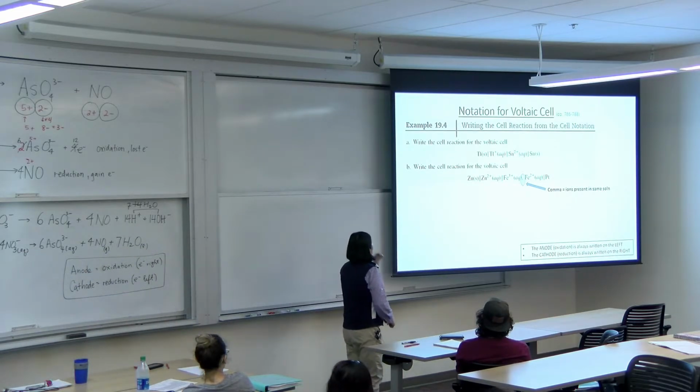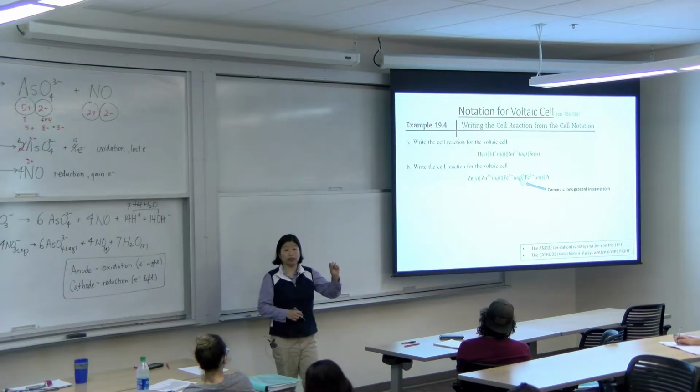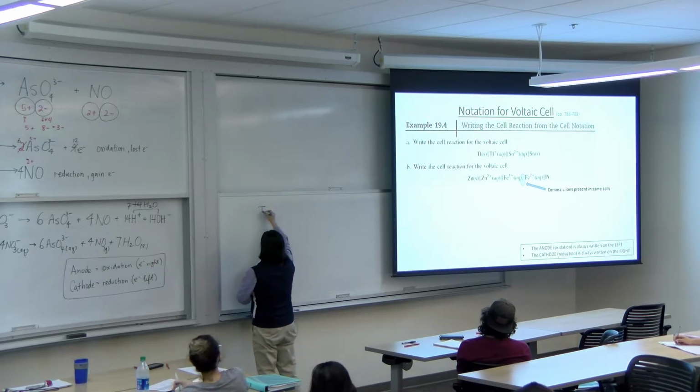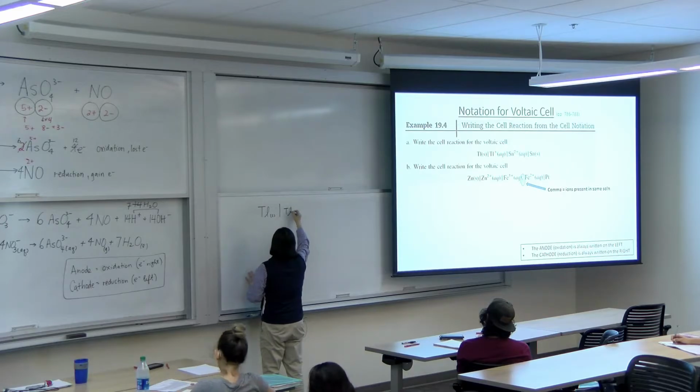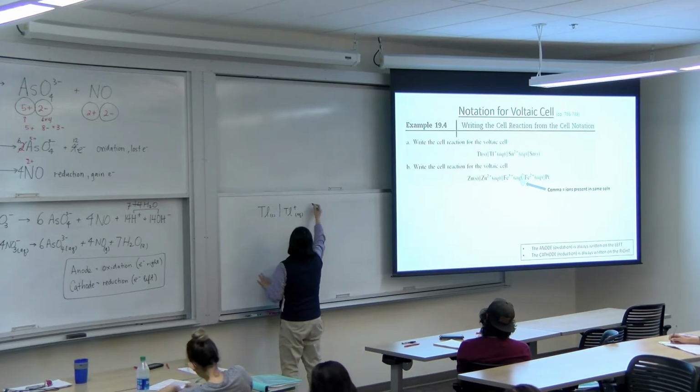Write the cell reaction for the voltaic cell. So they've given it to you in the voltaic cell notation. They said tellurium, solid, vertical line, salt bridge.